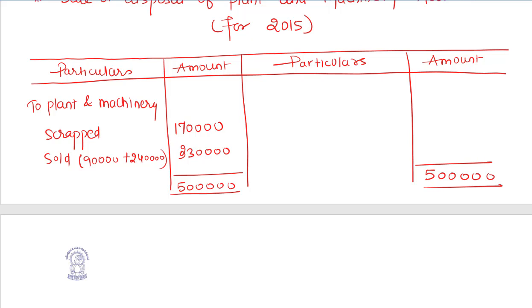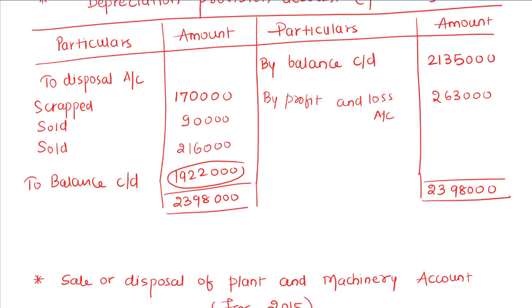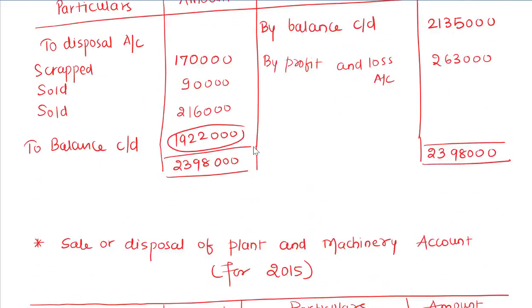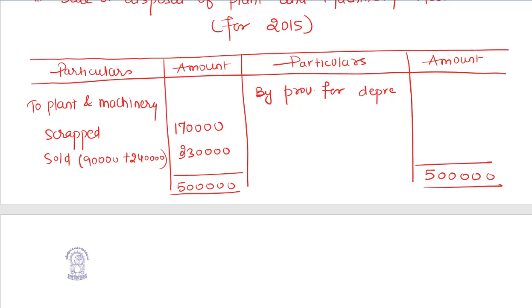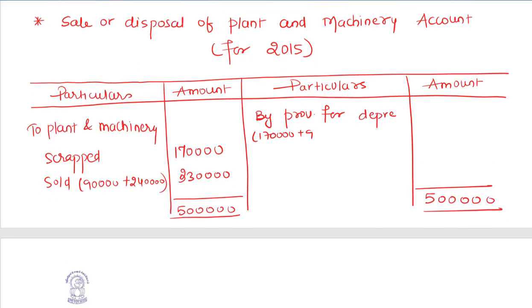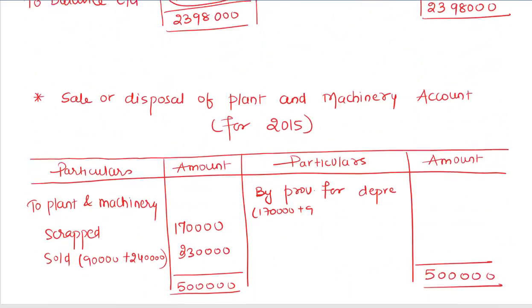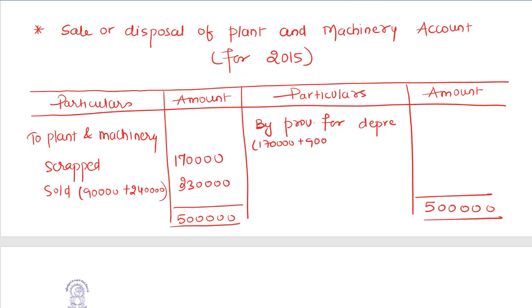By provision for depreciation, there are three provisions for depreciation: 1,70,000, 90,000, and 2,16,000, which is 4,76,000.